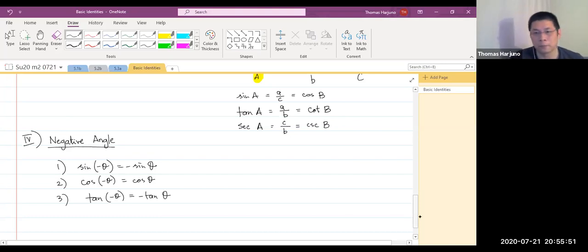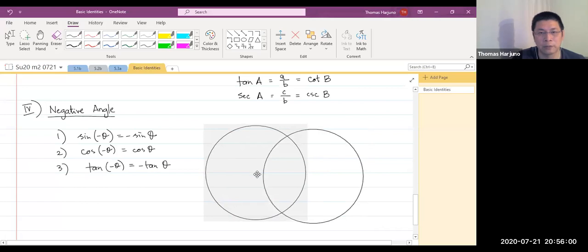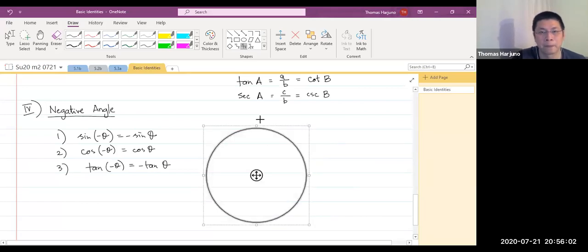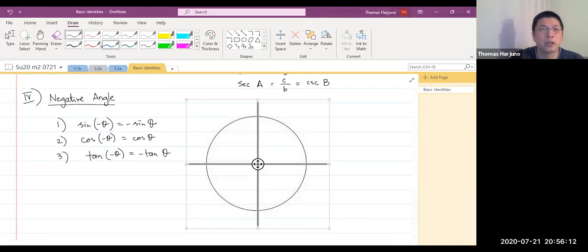How about the proof? By picture. Imagine you have a negative angle here.